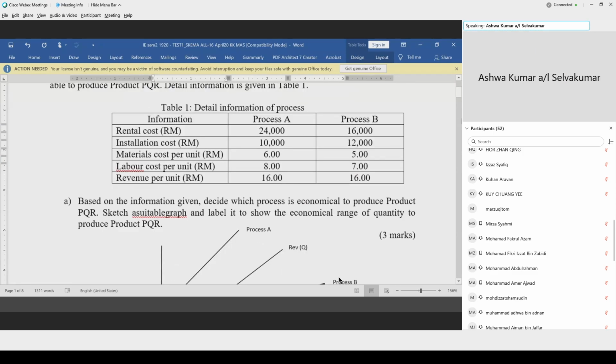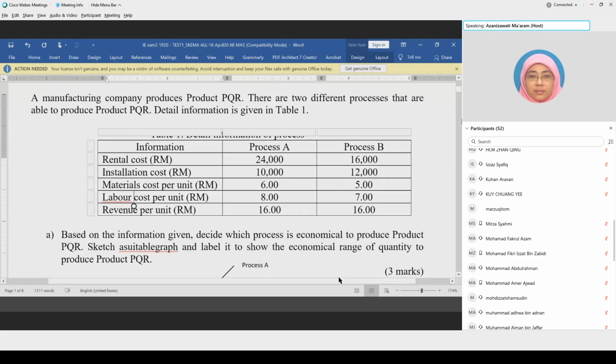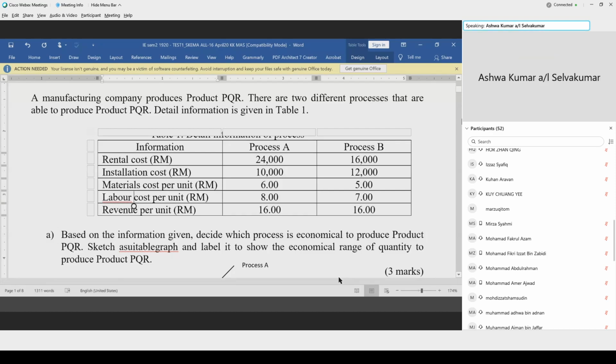When you get this type of question, first you have to identify which one is fixed cost and which is variable cost. Which one is fixed cost?